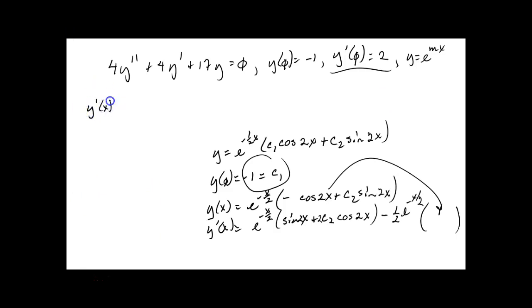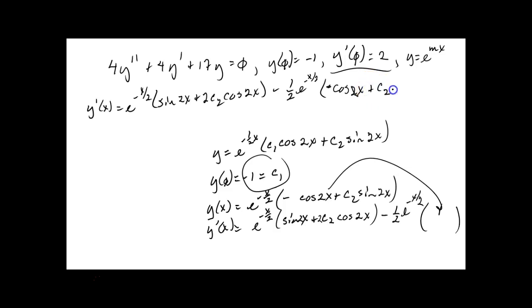y prime of x is equal to e to the minus x over 2 times sine 2x plus 2c2 cosine 2x minus 1/2 e to the minus x over 2 times minus cosine 2x. I can't write this morning. Plus c2 sine 2x.